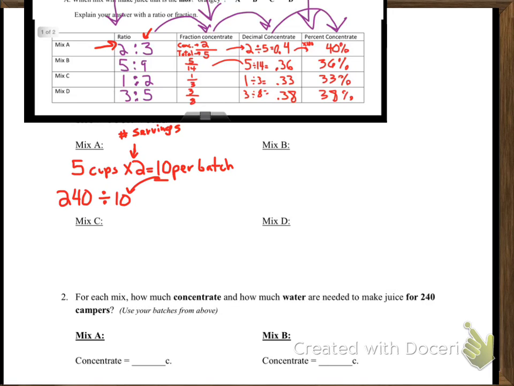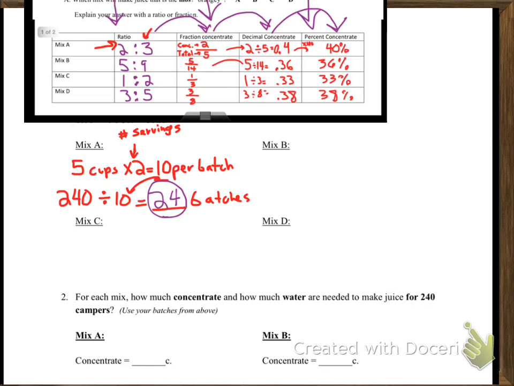Divided by 10 servings per batch will give us how many batches? Think about what we're doing here. We've got 240 people. Each batch will feed 10 of them. The answer we end up getting, ladies and gentlemen, is 24. So mix A is going to need 24 batches.